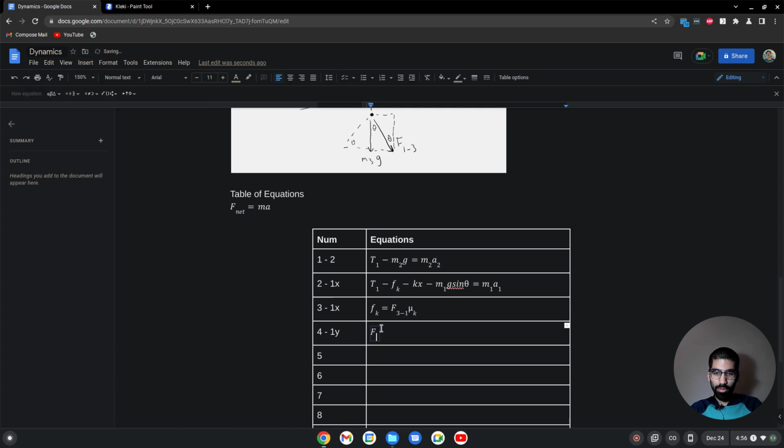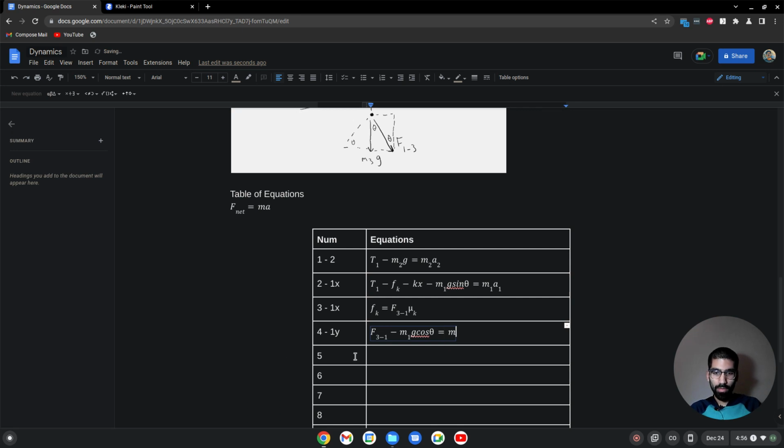So we have F3 onto 1 minus the vertical component of m1g, which is going to be m1g cos theta.